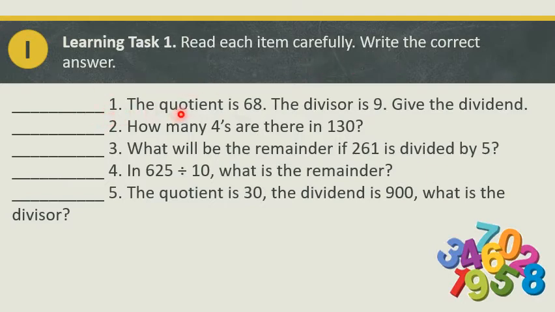So for number 1, the quotient is 68 and the divisor is 9. Give the dividend. So madali lang to. Ang kabaliktaran kasi ng division is multiplication. So we just have to multiply 68 by 9 para makuha natin yung dividend. So what will be 68 times 9?